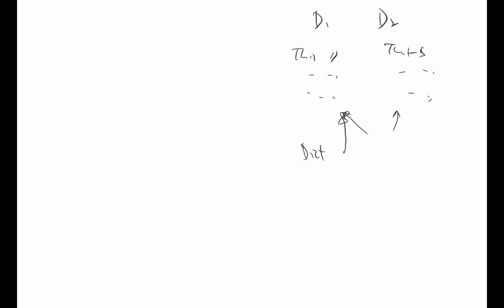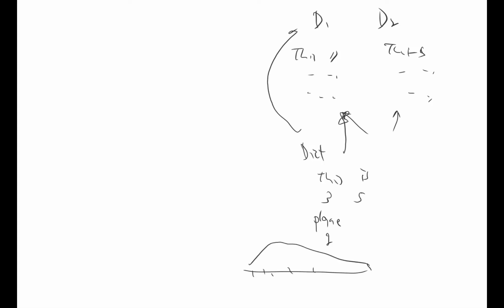For example, maybe there are 3 of this word, 5 of that, maybe one of another. That gives a distribution over all the possible words for document 1, and I can have another distribution for document 2.